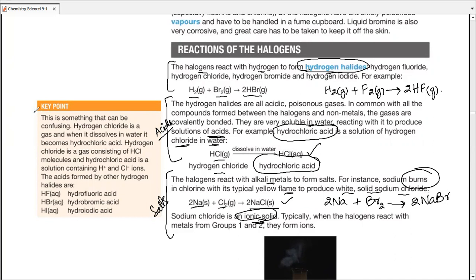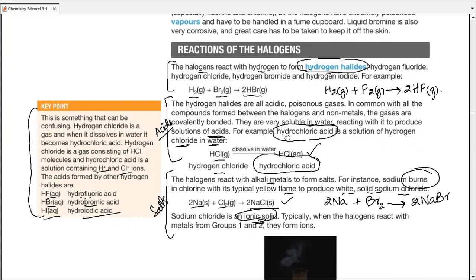So the similar stuff is given over here as well. For example, if HCl is hydrochloric acid, HF would be hydrofluoric, HBr would be hydrobromic, and HI would be hydroiodic acid. And they produce these separate ions in water. Although they are covalent compounds, they should not be dissolving in water. But not only do they dissolve in water, they actually react in water and produce ions, and hence that acidic effect.